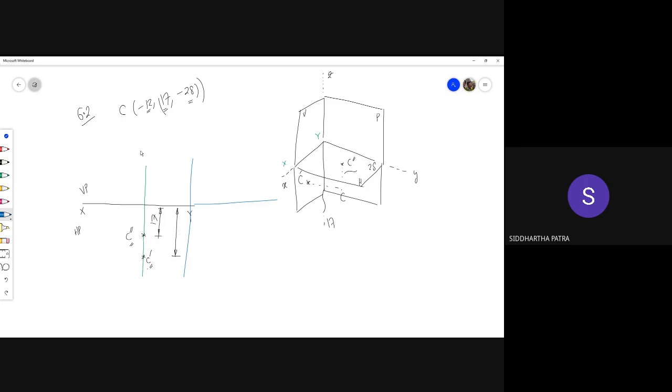If you use, let's say, another point which is 0, 20, 30.